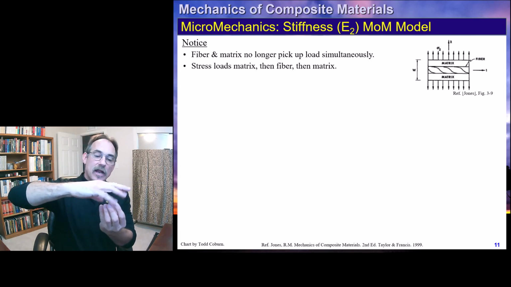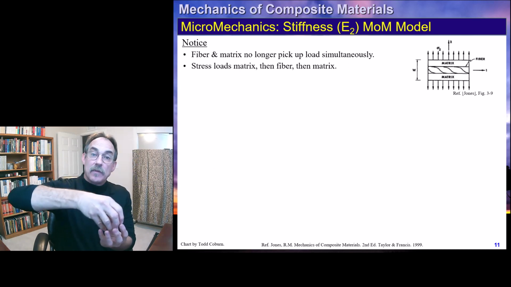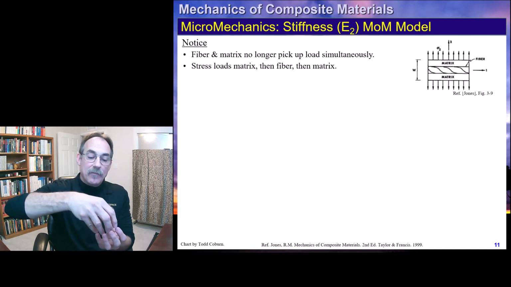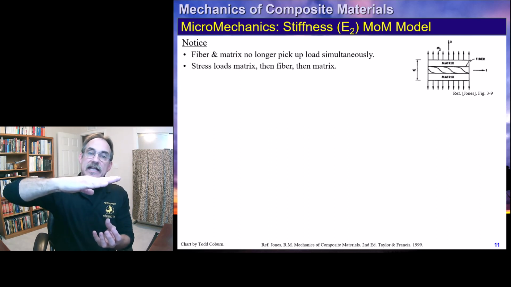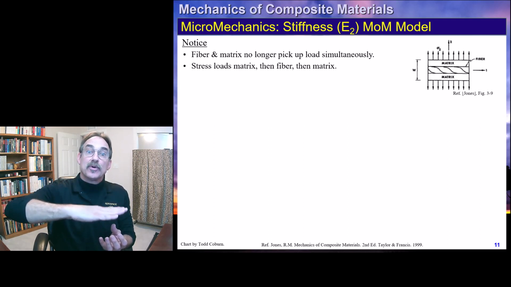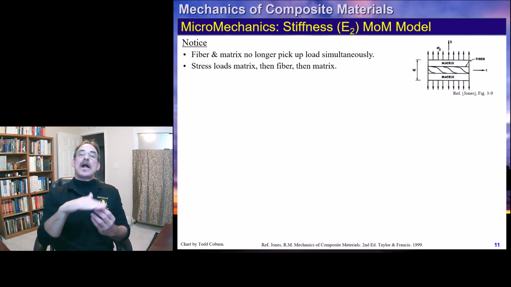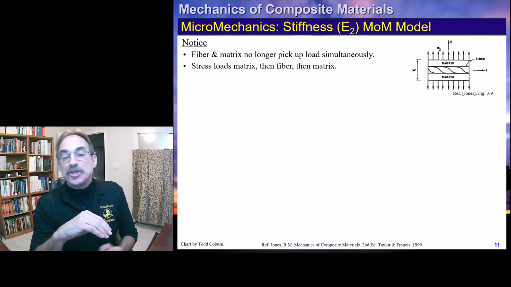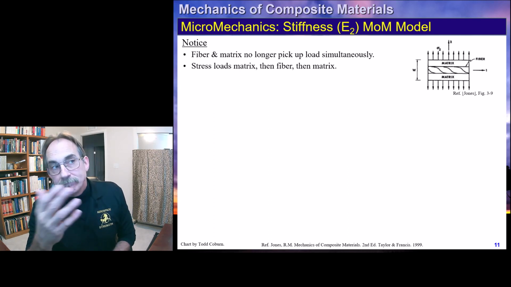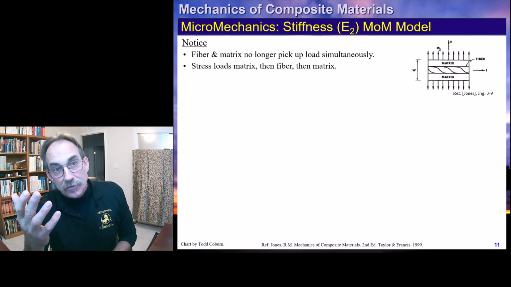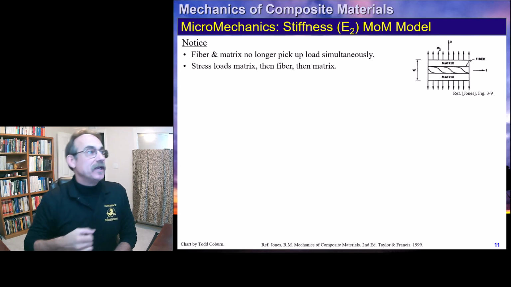So if we pull on it, the matrix, well, at least with this model, can pull away from the fiber. When we pull on it, the stress is going to have to go through the matrix, through the fiber, through the matrix, which means we have a cross-section of stress in each one. Not really true, but it's the approximation we're using.